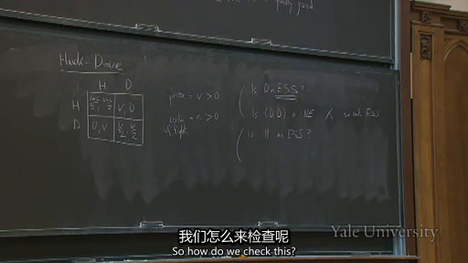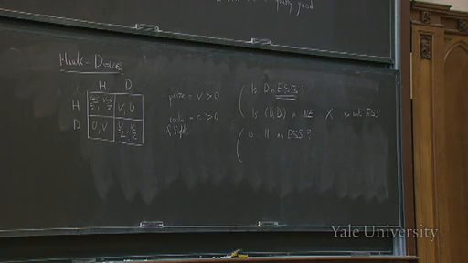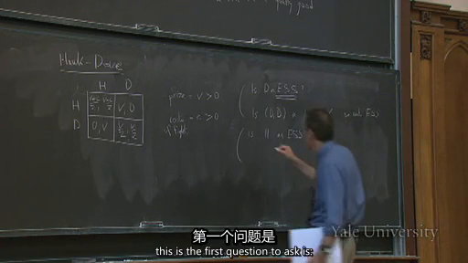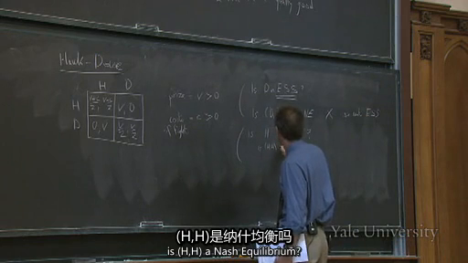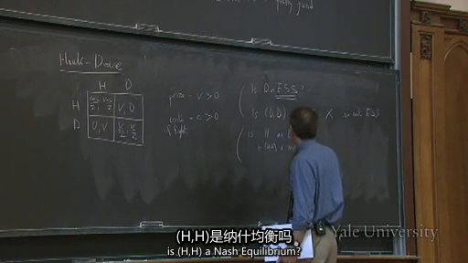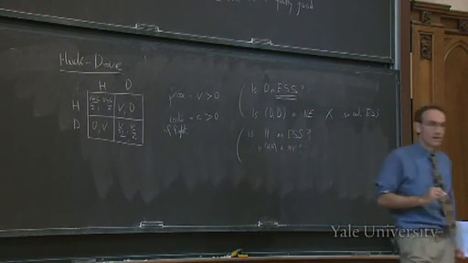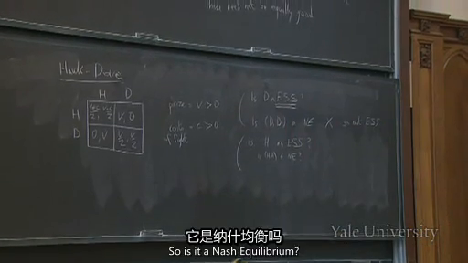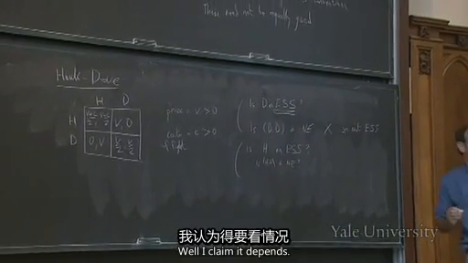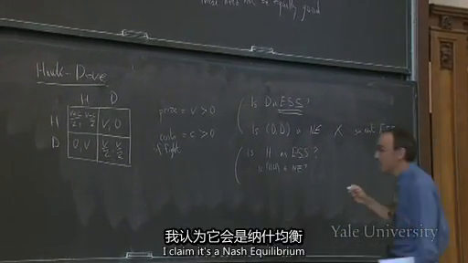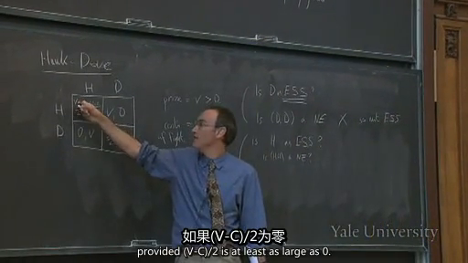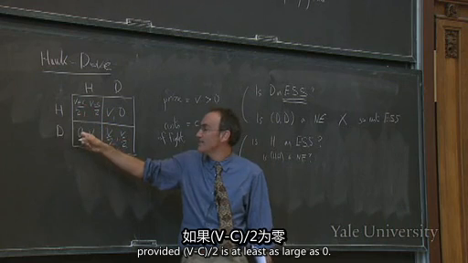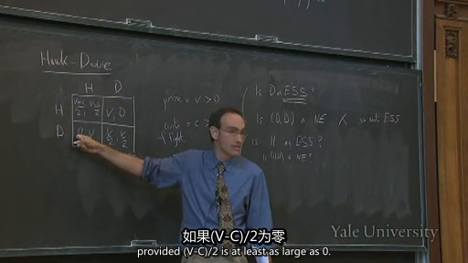So how do we check this? Well, we have to look once again and ask the question. The first question to ask is, is hawk-hawk a Nash equilibrium? All right. So is it a Nash equilibrium? Well, I claim it depends. I claim it's a Nash equilibrium provided V minus C over 2 is at least as large as 0.